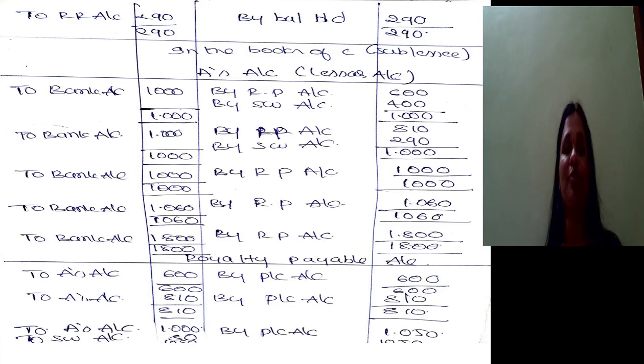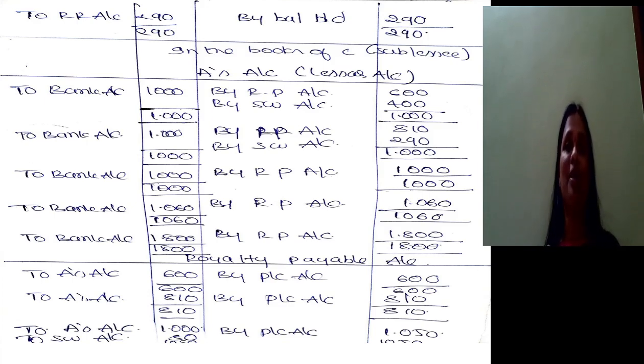What all accounts do we prepare? Lessor account, then short working account and royalty payable account. So the only thing is you should understand how to pass entries as per the circumstances, and in whose books we are recording is very much important, whether we are recording or preparing accounts in the books of lessor or lessee, relating to the main lease and even relating to the sublease.